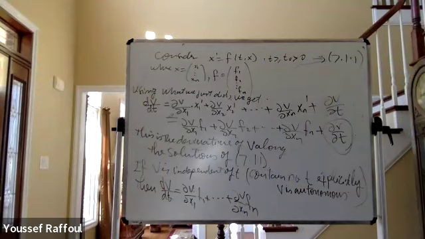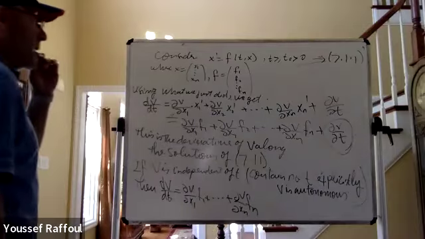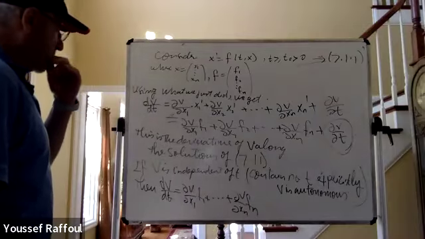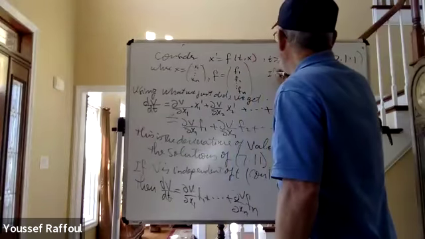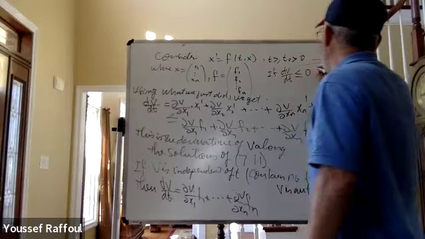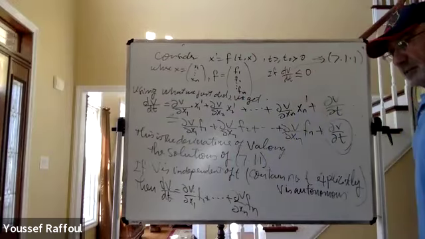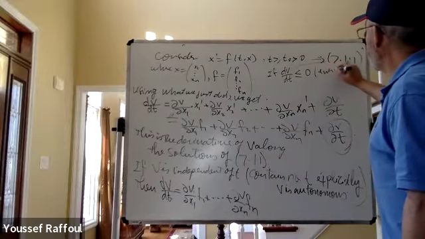All right. So if dV over dt is less or equal to 0, right? That means energy is dissipating.